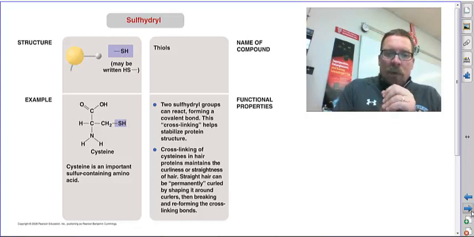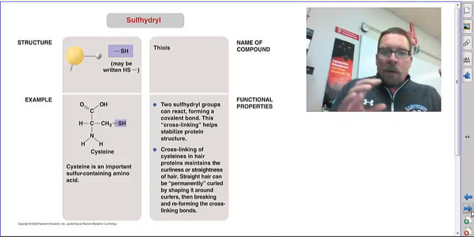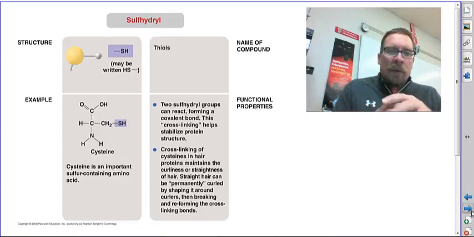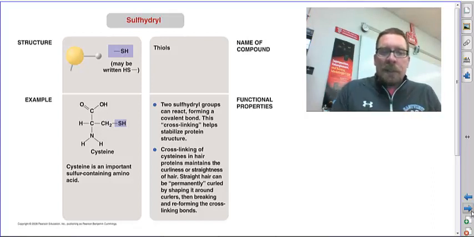The example, of course, is making hair straight or curly, depending on the permanent and what you're breaking down. But you can see they have cysteine here, whose side chain on the amino acid is a sulfhydryl group, and that allows for some cross-linking and covalent bonding.